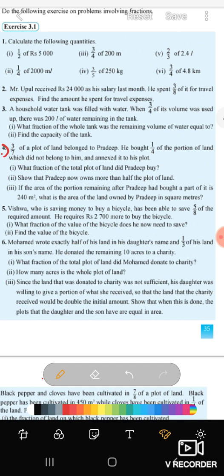If a land is divided into 7 portions, he owns 3 portions in it. He bought 1/4 of the portion of land which did not belong to him and annexed it to his plot.